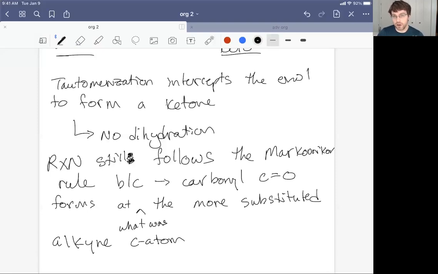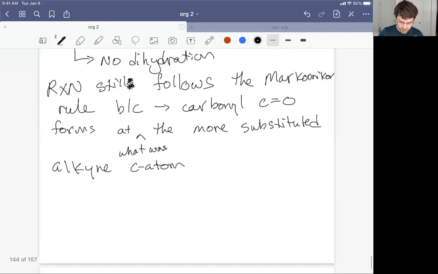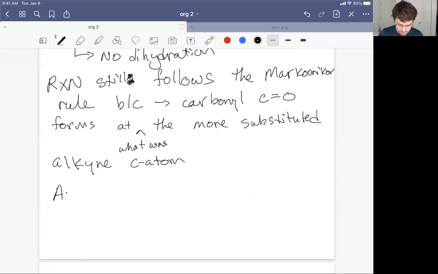Here's another example though. If I gave you an alkyne with substituents on either side and they were different, it's not really a fair question. If I wanted to put things on both sides, I would want to make them the same. So that would be a case like 2-butyne.